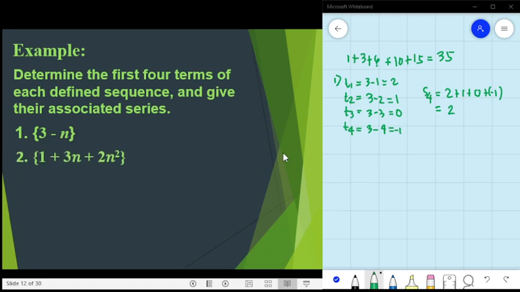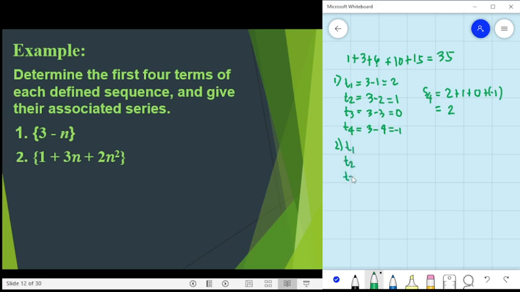The next one, number 2, is the set that may contain 1 plus 3n plus 2n squared. So we are going to find t sub 1, t sub 2, t sub 3, and t sub 4. For t sub 1, we have to substitute all the n here with 1.